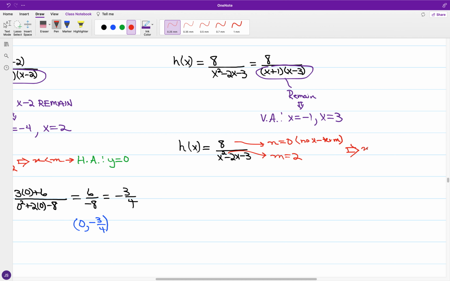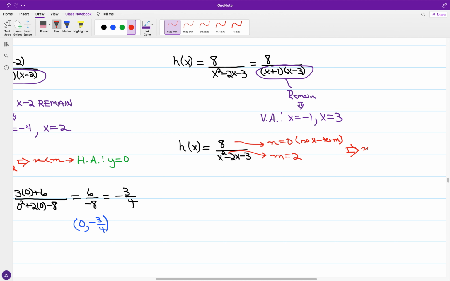And we have that n is less than m. And we have a bit of history to repeat: whenever n is less than m, you have your horizontal asymptote at y is equal to 0. So you've got your vertical asymptotes at x equals -1 and 3, and the horizontal asymptote at y is equal to 0.